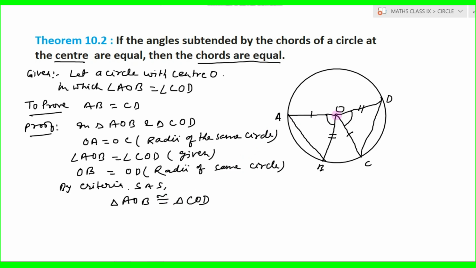So triangle AOB is congruent to triangle COD, so AB corresponds to CD. So we can say since these two triangles are congruent, hence AB is equal to CD. This is why, CPCT, corresponding parts of congruent triangles. Okay, hence proved, because this is all we need to prove. Okay, I hope you understood.